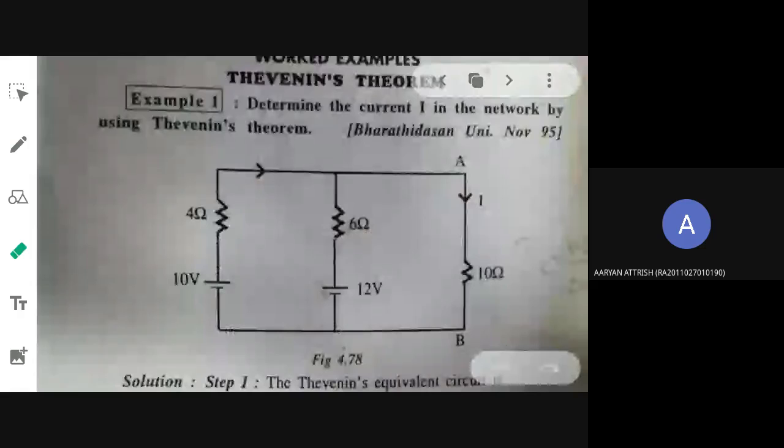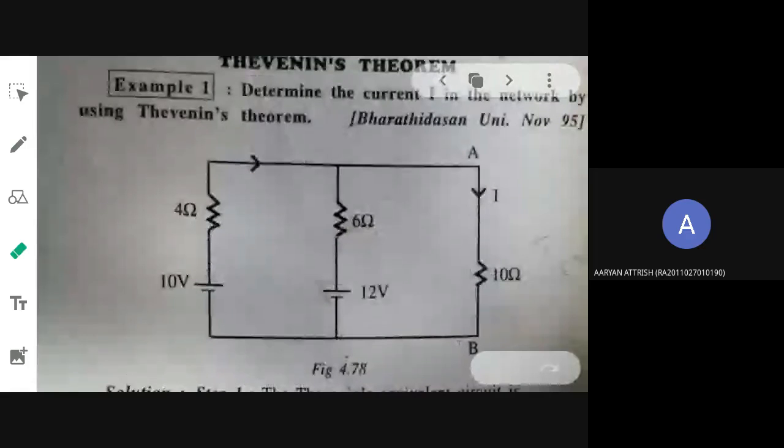Now, they have given one diagram and asked you to determine the current in the network using Thevenin's theorem. They have asked you to find the current through this 10 ohm resistor.